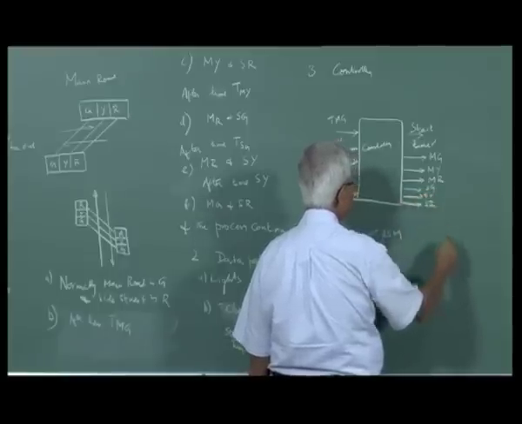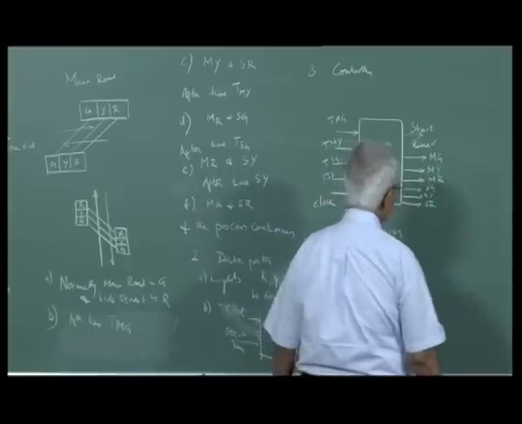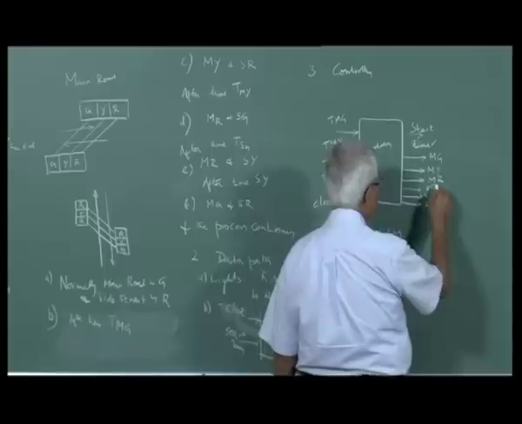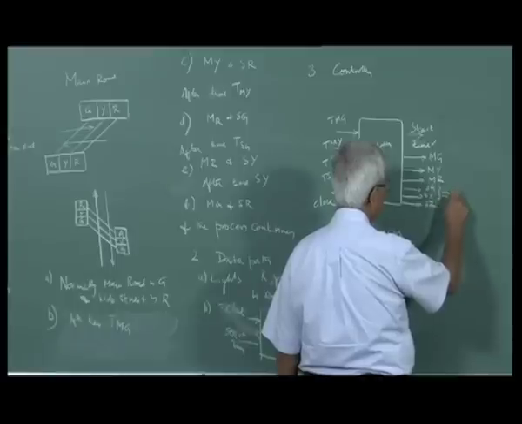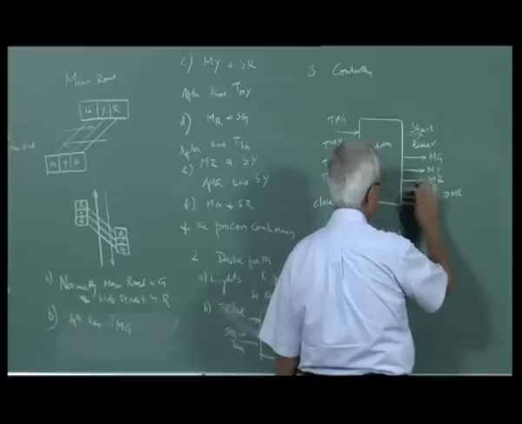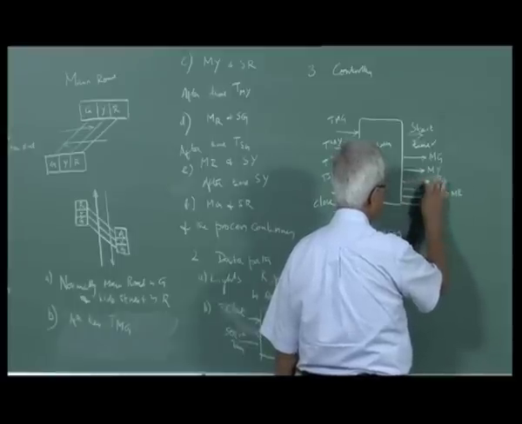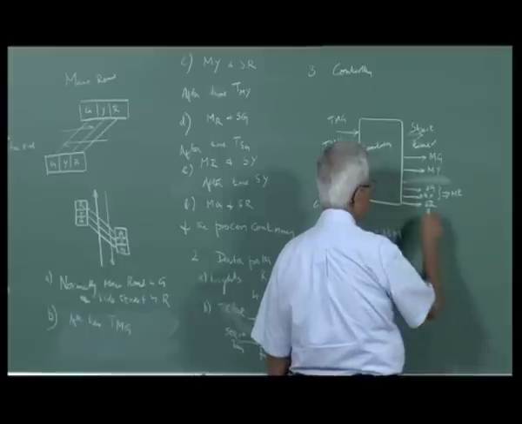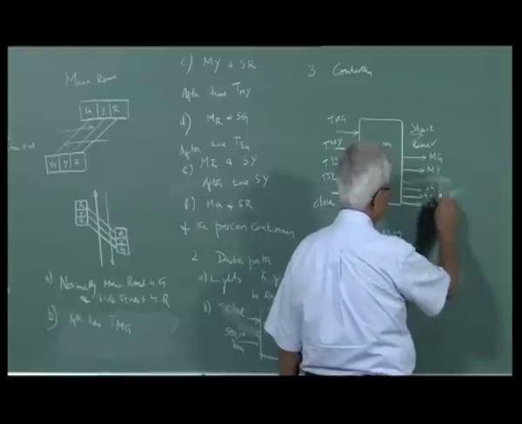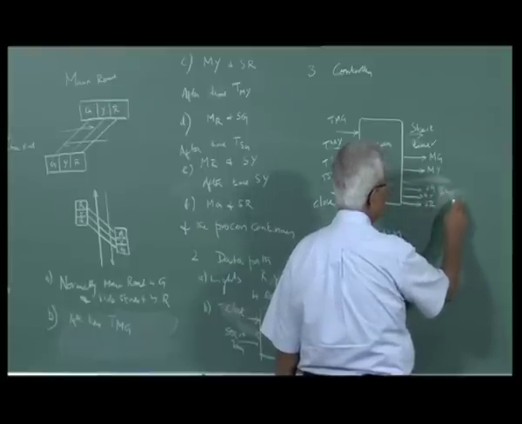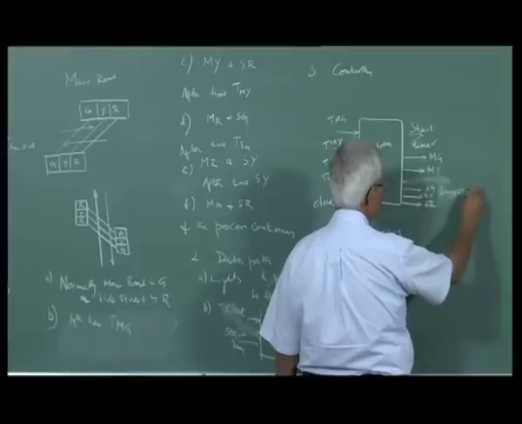But then main red is automatically, when side is green or yellow, this is equal to main red. I don't need a separate signal. So the OR of this and this, side green or side yellow is main red.